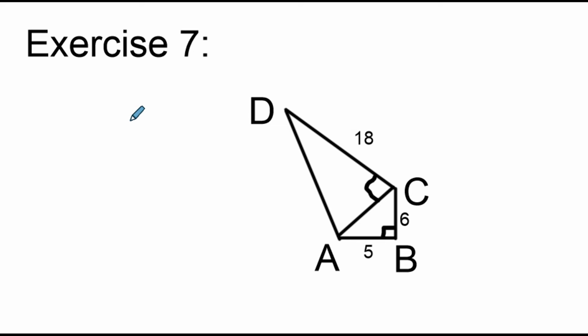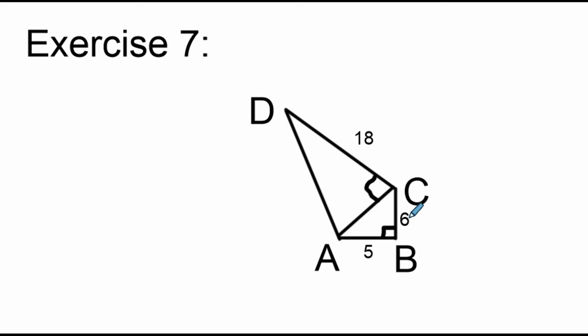So let's solve for exercise 7. So this is the parallelogram in exercise 7. We are given two triangles, ABC and what? ACD. So ABCD is a parallelogram. Now AB is giving us what? 5.